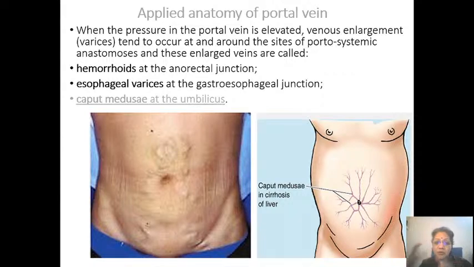So a whole bunch of sinusoids exist between the portal venous blood falling into the sinusoids and the hepatic vein taking away that blood from the liver, which becomes a tributary to the inferior vena cava anyway.